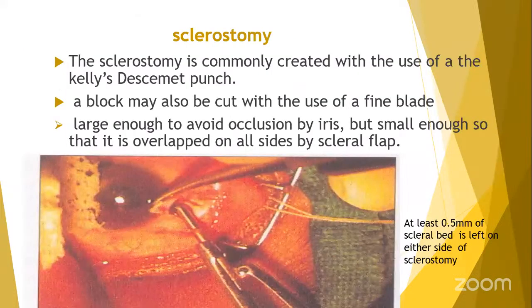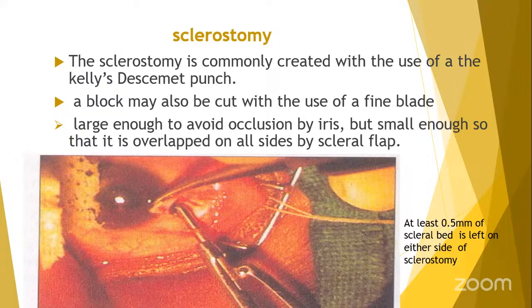Then you can use a fine blade to cut and then use your Vannas scissors to create your ostium, or you use your Kelly's Descemet punch. I use the punch, and it makes it easy. What is important is that you make an ostium that is large enough to avoid being occluded by the iris.